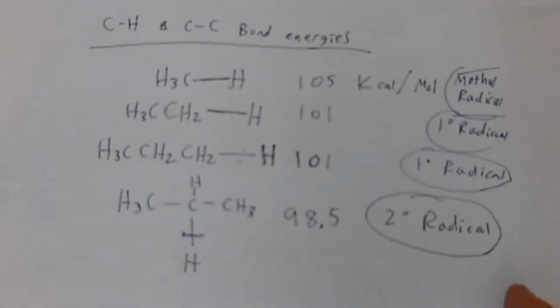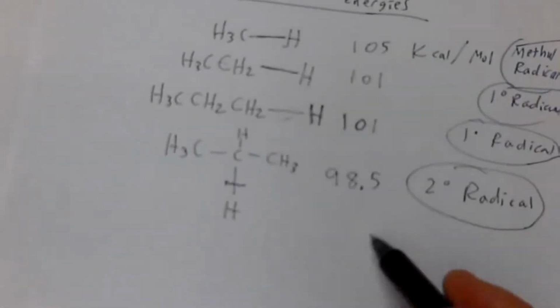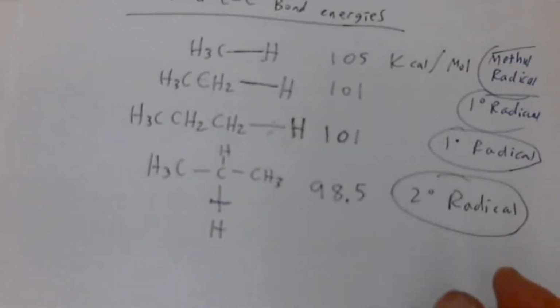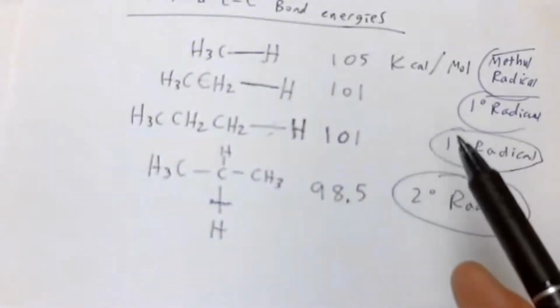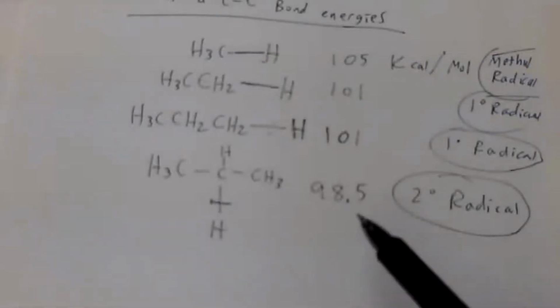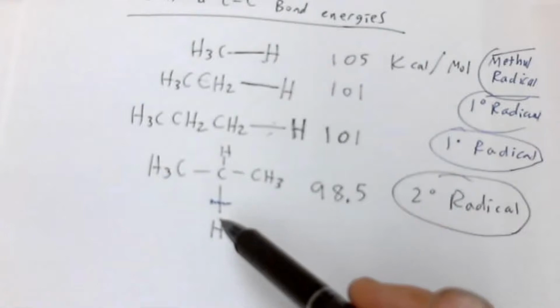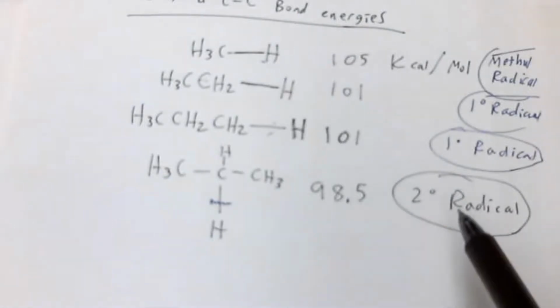All right. So who's happier, a secondary radical or a primary radical, based on what we're seeing here? The bond strength is correlated to the happiness of the radical.